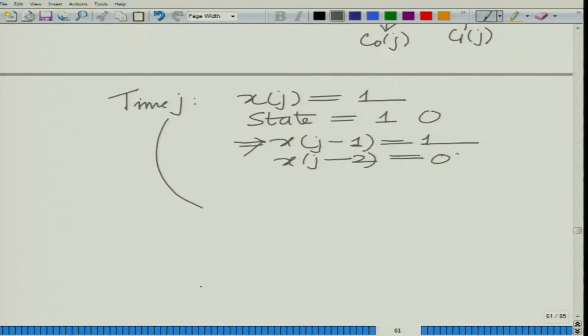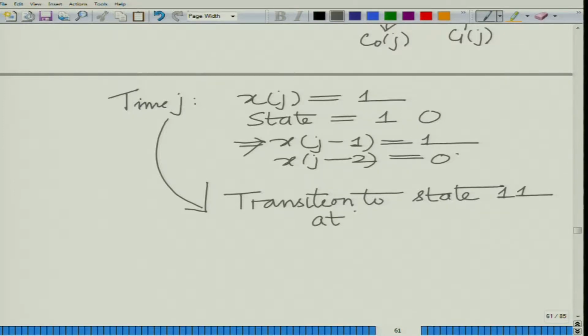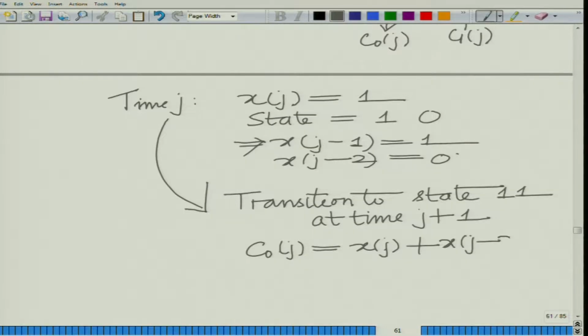It transitions to state 1 comma 1 at time j plus 1, and your C0j equals xj plus xj minus 2, with xj equal to 1, xj minus 2 equal to 0.